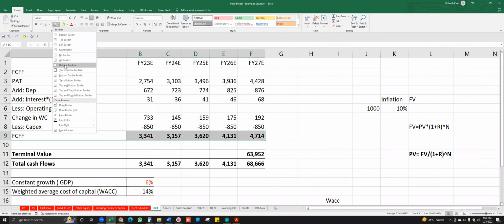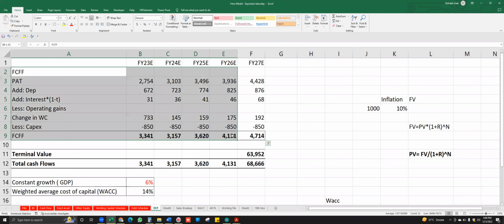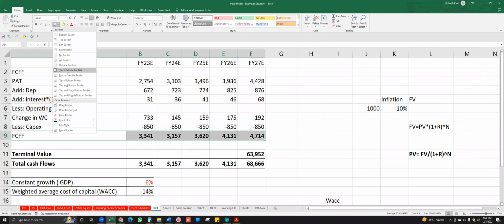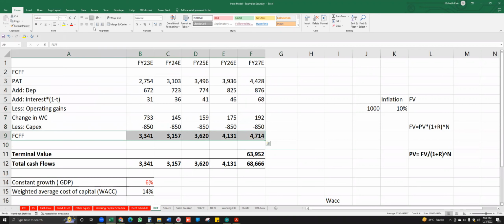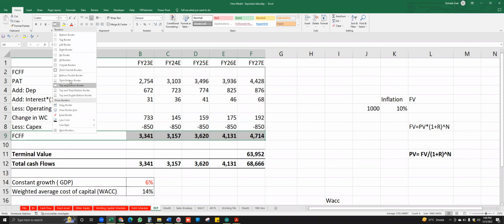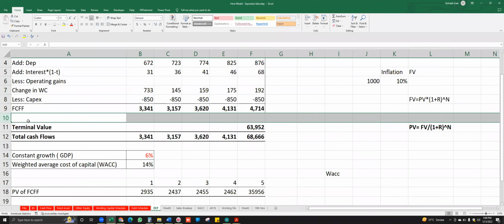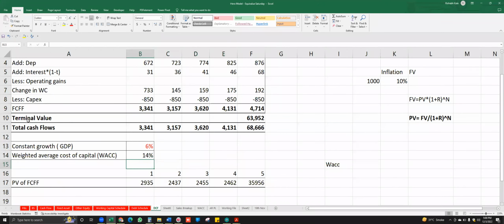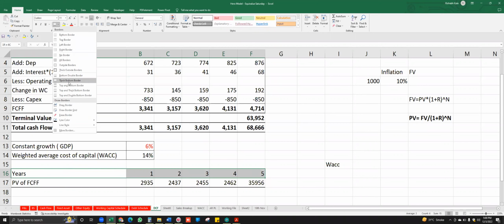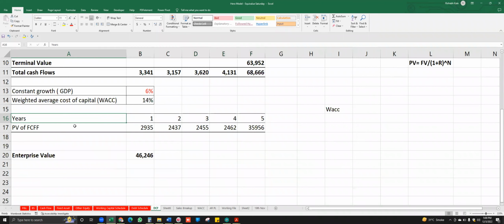So how do you format this? FCFF, then terminal value, total cash flows, and then this is your discount, and this is your years. And then you find your enterprise value.